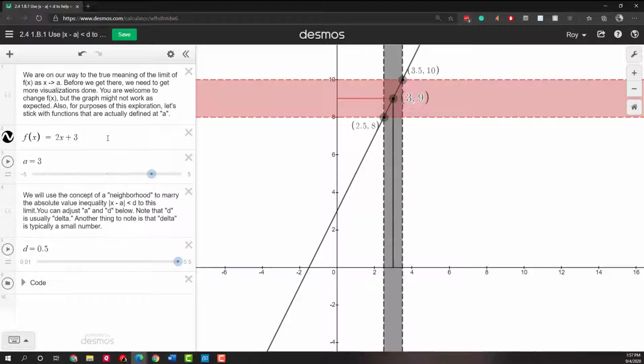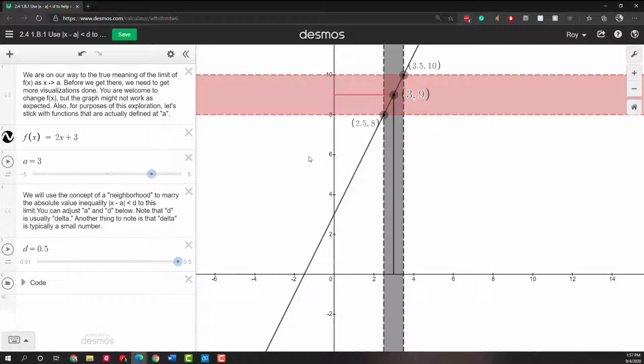You're welcome to change f of x in this Desmos app, but the graph might not work as expected. It can work, I just didn't code it completely for that. Also, for the purposes of this initial exploration, we're going to assume that our function is defined at a, or is continuous at a, which is probably a better way of saying that.